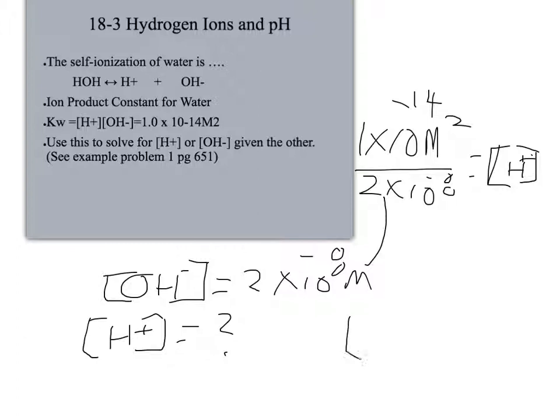So the H plus is equal to 5, 1 significant digit, times 10 to the negative 7th, and that's molarity.